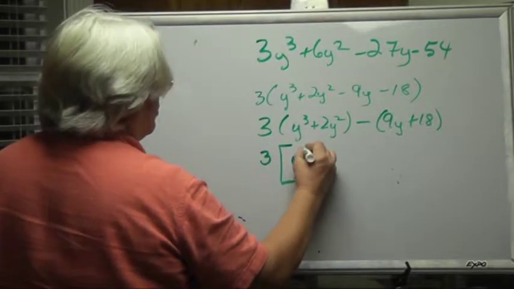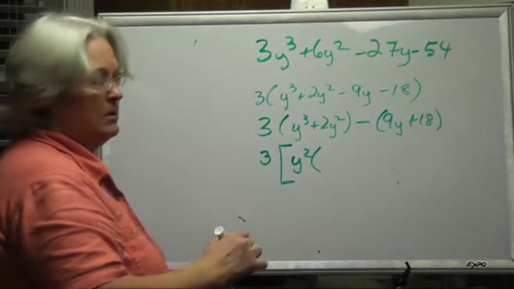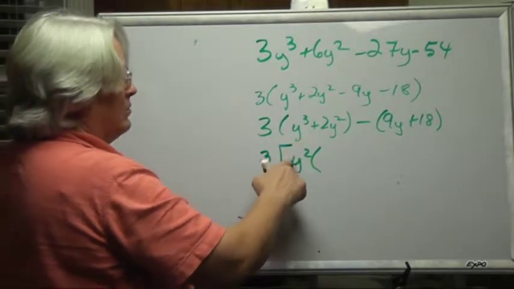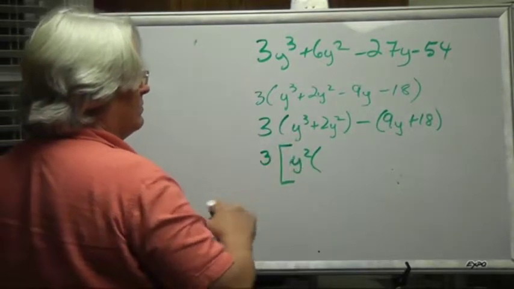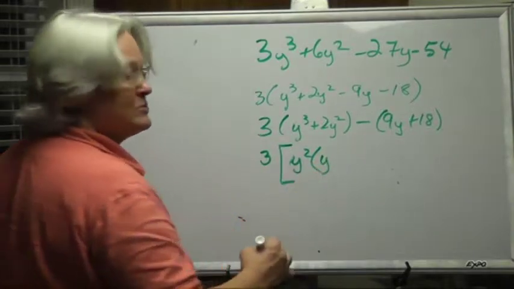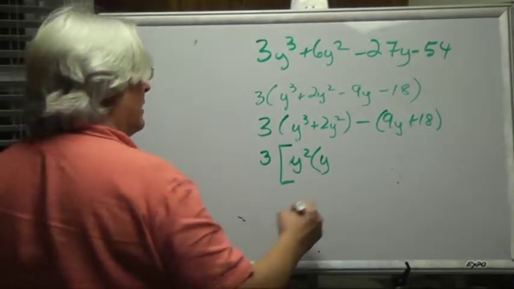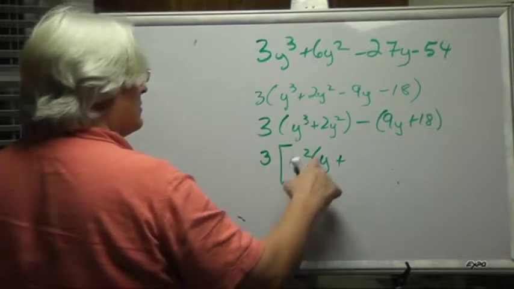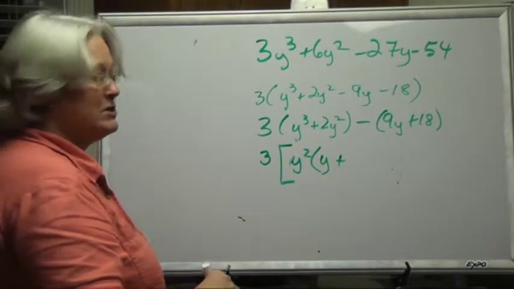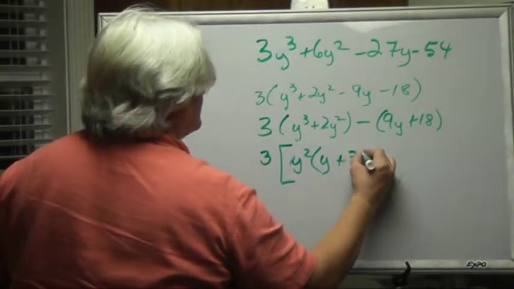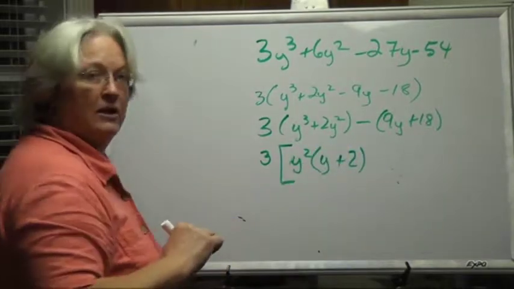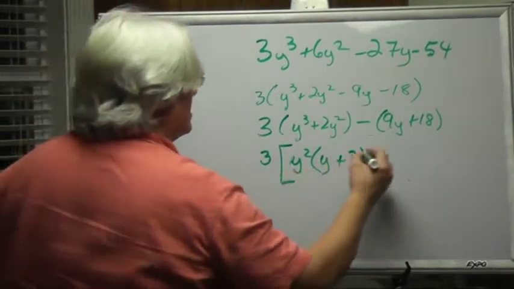If we factor out a y squared from y cubed, y squared times what is equal to y cubed? Y squared times y is equal to y cubed. Plus y squared times what will give me 2y squared? Well, 2. Y squared times 2 gives me 2y squared.